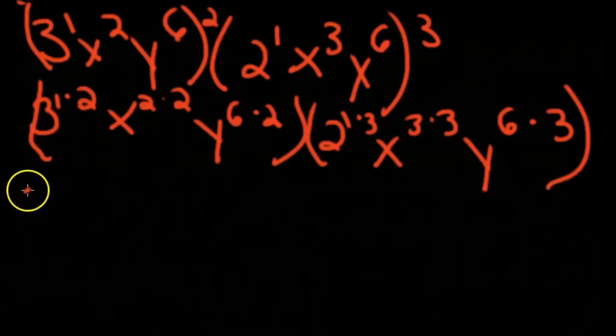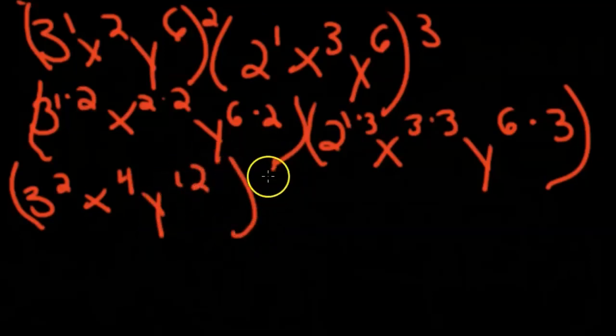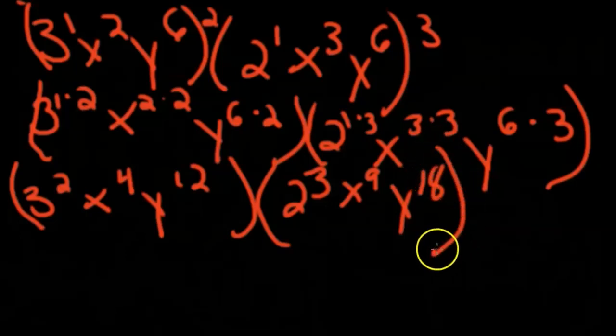That gives you 3 to the 2nd power, x to the 4th power, y to the 12th power. Then you have 2 to the 3rd power, x to the 9th power, y to the 18th power. Then we have 3 to the 2nd power, x to the 4th, y to the 12th, times 2 to the 3rd power, x to the 9th power, y to the 18th power.